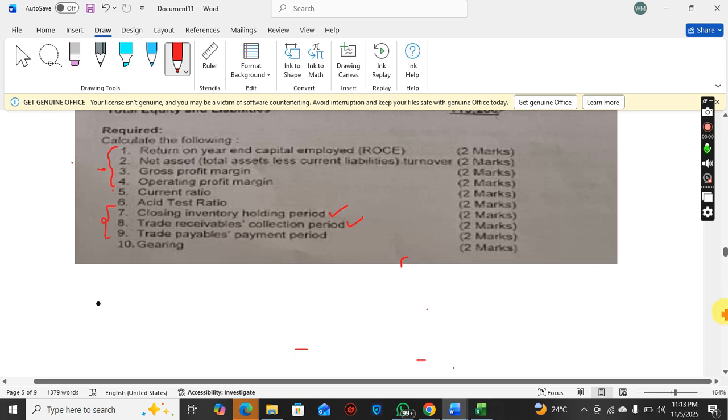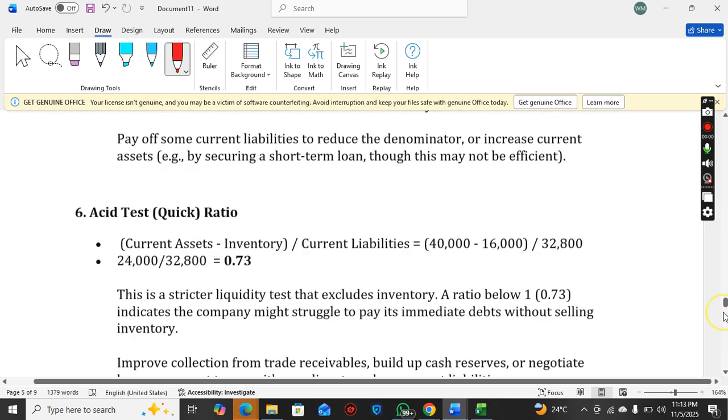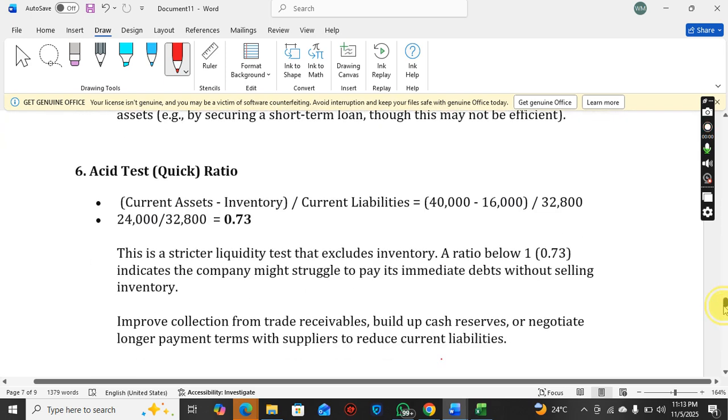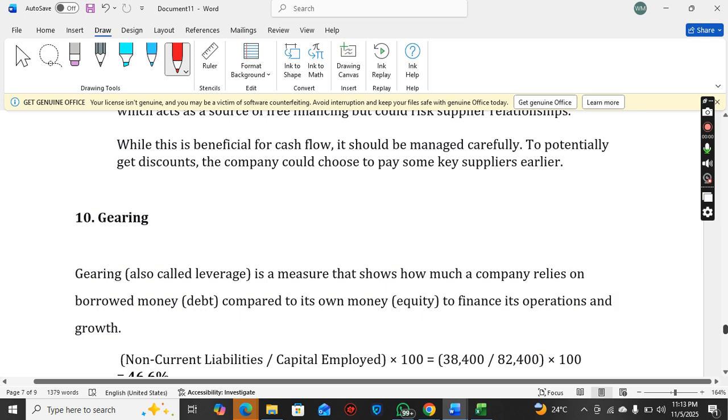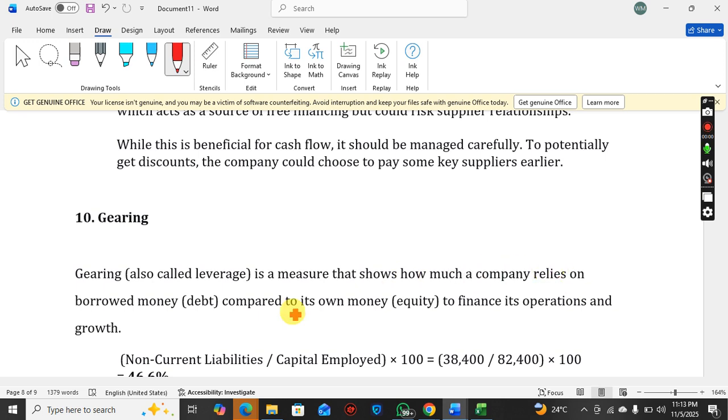And then finally, the gearing ratio. Basically, it's about how much debt financing we are using: how much a company relies on borrowed money compared to its own equity to finance its operations.